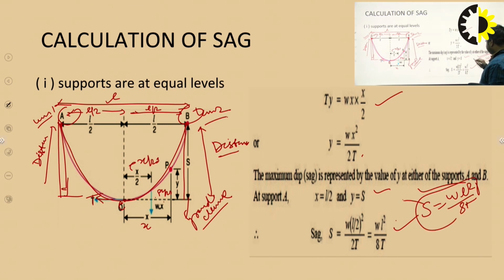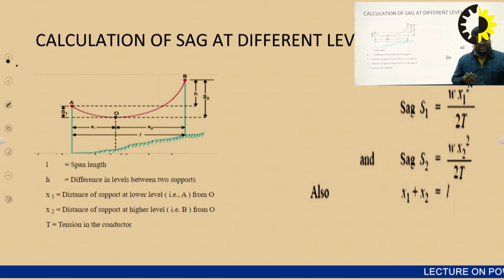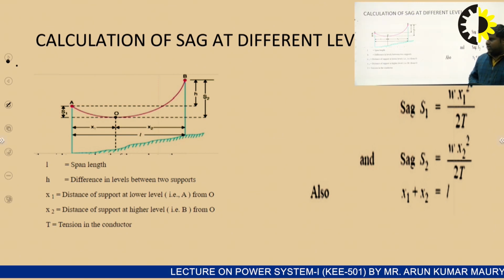Here S represents sag, W is the weight of the conductor, L is the span length between the two supports at levels A and B, and T stands for the tension acting at point O. So this is case 2, where we will see the calculation and formulation procedure for sag at different levels.